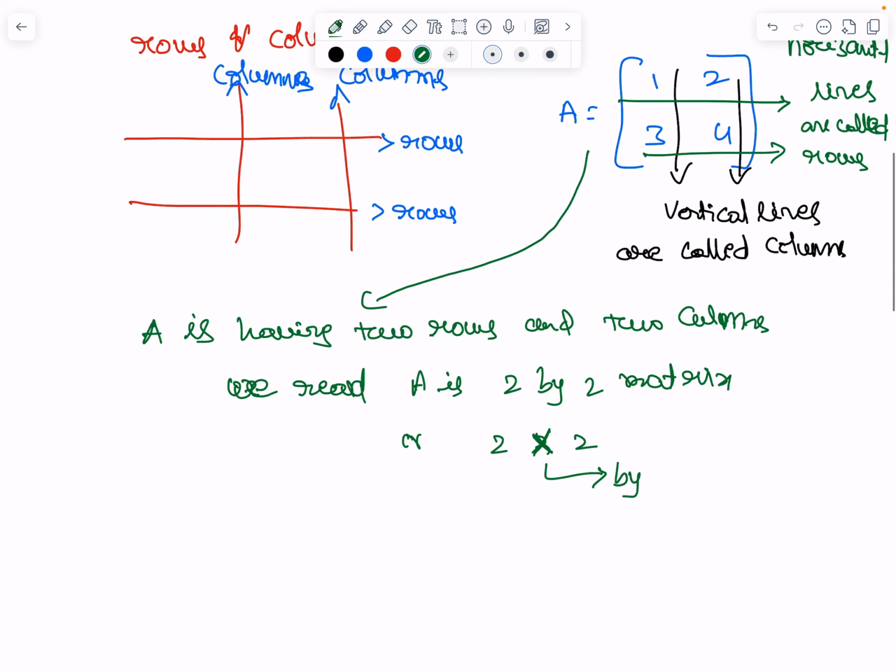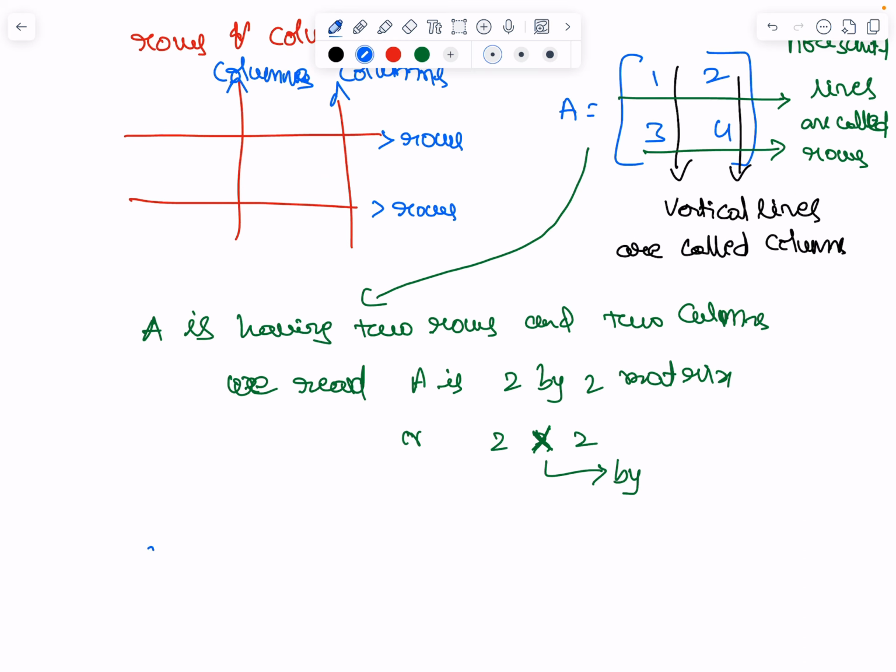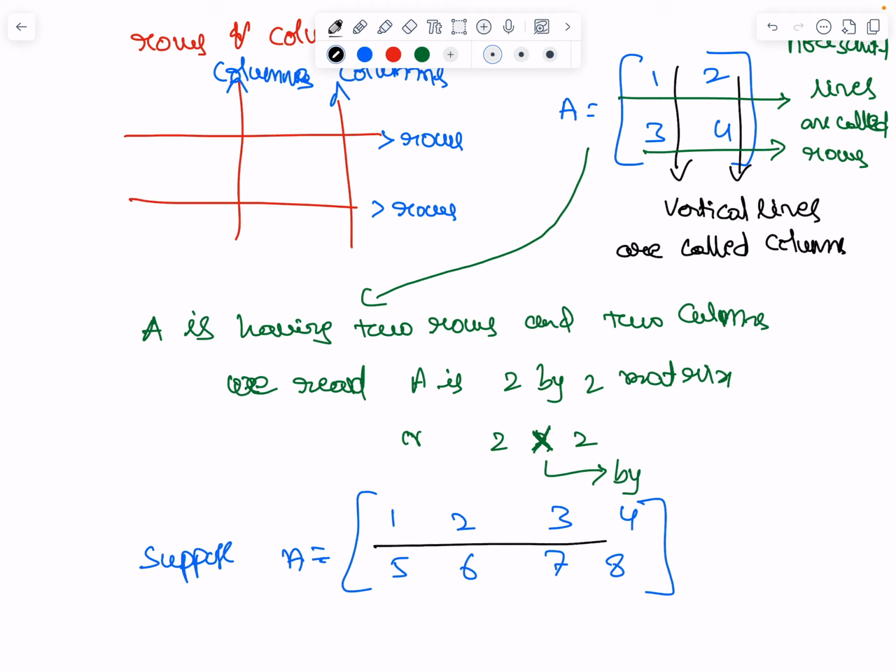So suppose you take a matrix A is equal to 1, 2, 3, 4, 5, 6, 7, 8. Now you look at the number of rows: row 1, row 2. Therefore, 2 rows are there.